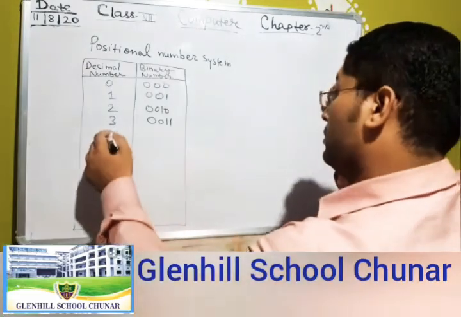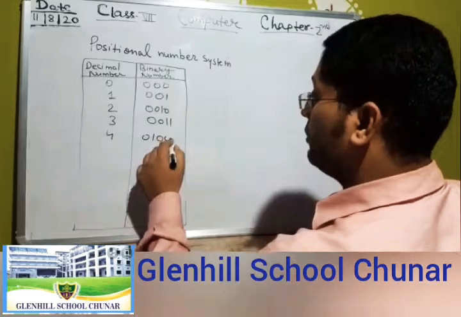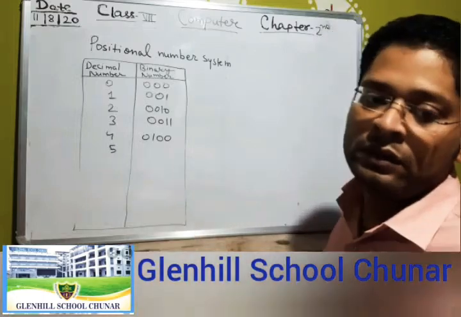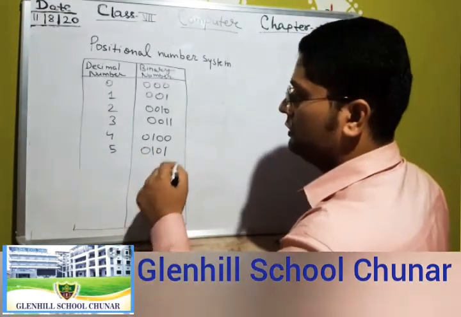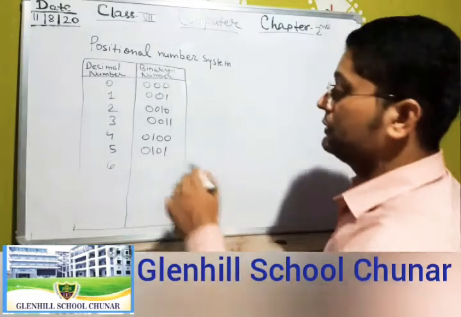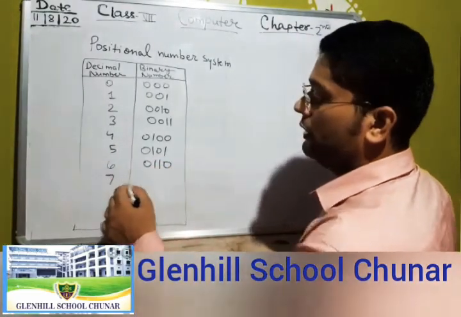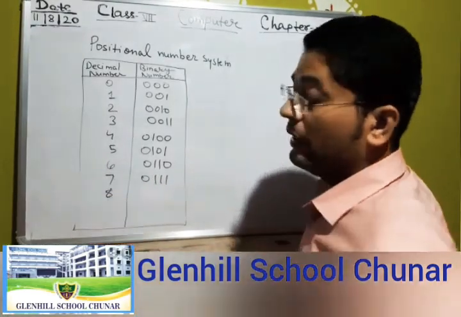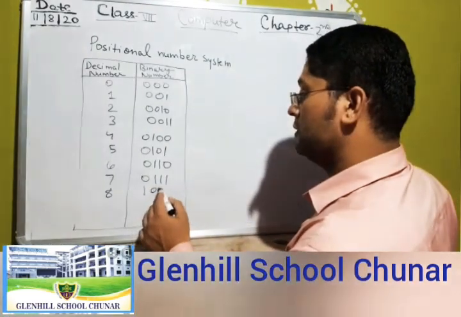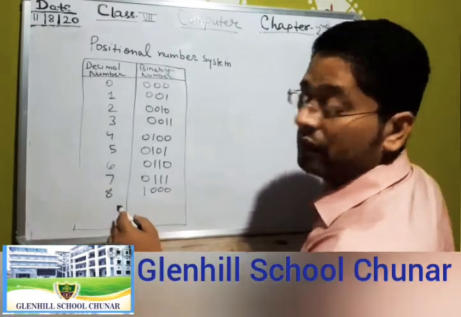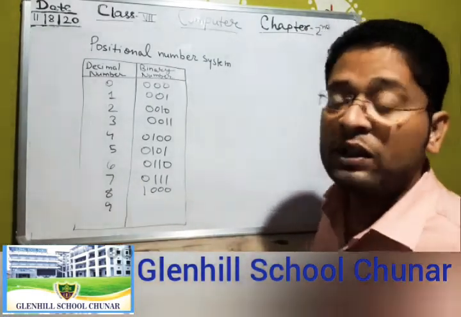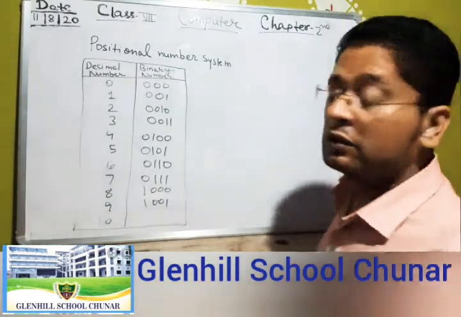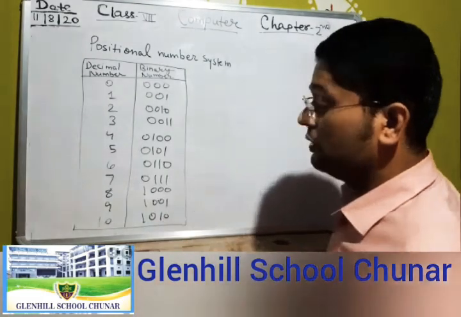And 4, your binary number is 0 1 0 0. And 5 is 0 1 0 1, and 6 is 0 1 1 0, and 7 is 0 1 1 1, and 8 is 1 0 0 0, and 9 is 1 0 0 1, and 10 is 1 0 1 0.